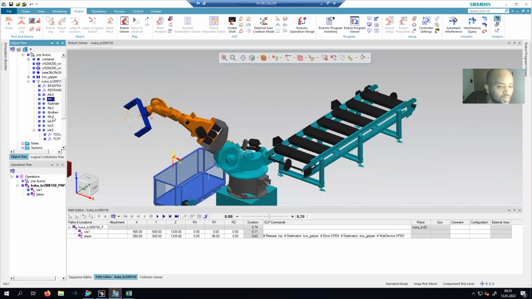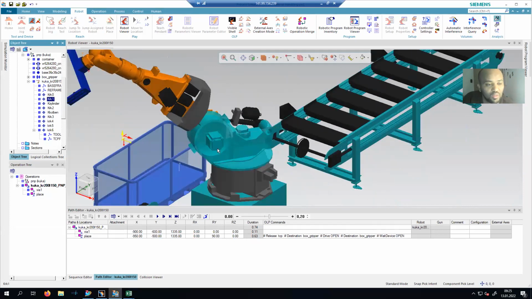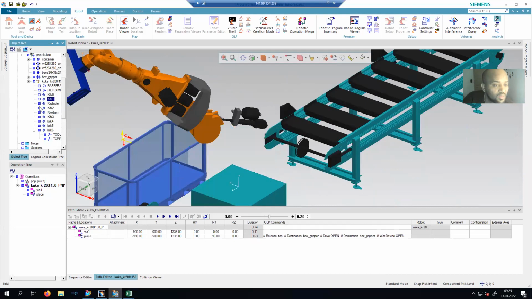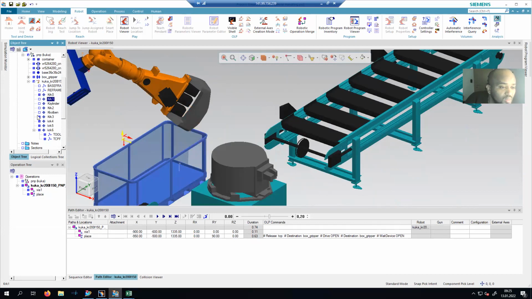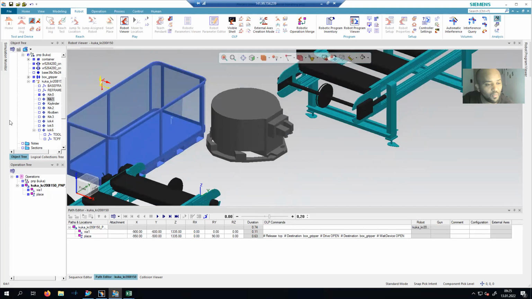Okay, for example, here. Now, just for this component, for this component only, we have this component, right?